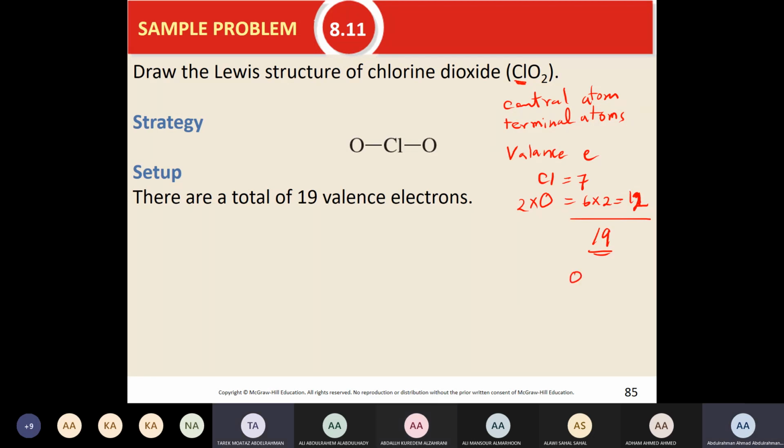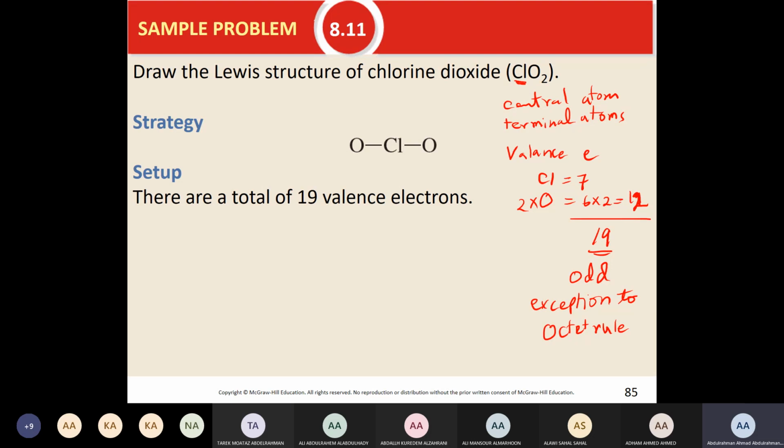Odd. What does that mean? Exception. Exception to what? The octet rule, Lewis octet rule. Exactly. Good. Now, anyway, I want to distribute them.